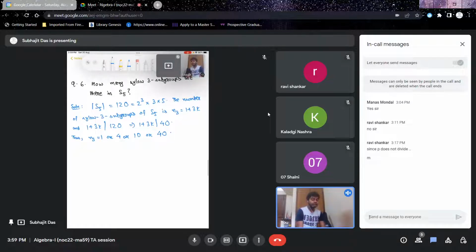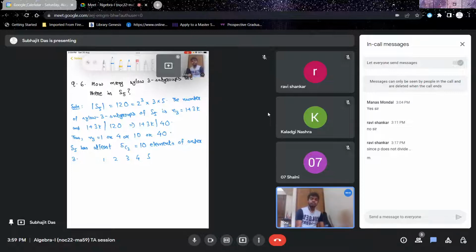Right? Now we claim that n3 cannot be 1 or 4, right? Why? Because just observe that S5 has at least 5 choose 2, which is 10 elements of order 3, right? Namely, which are those elements? Those are the 3 cycles. So you have 5 symbols. You want to find out the number of 3 cycles.